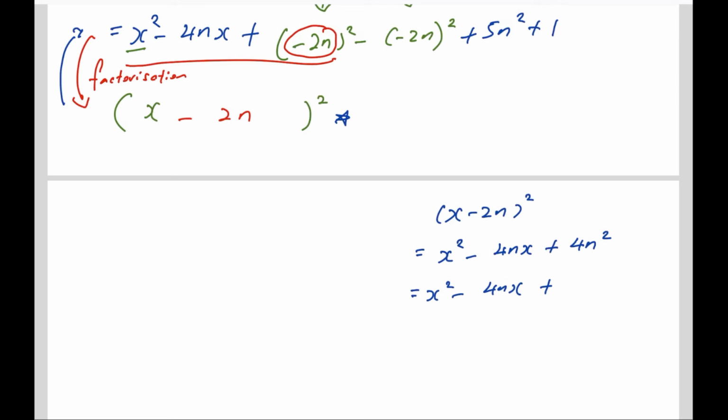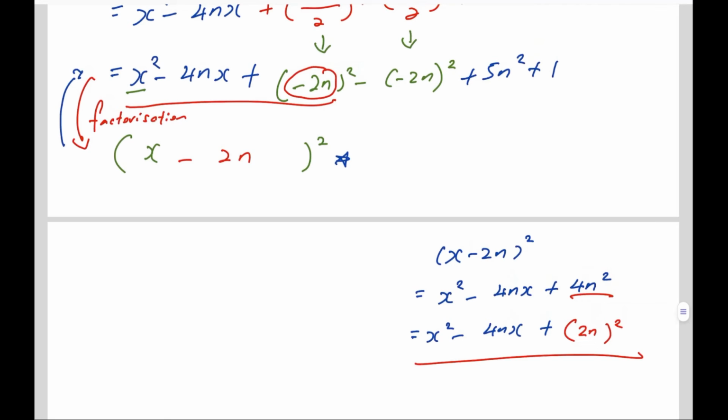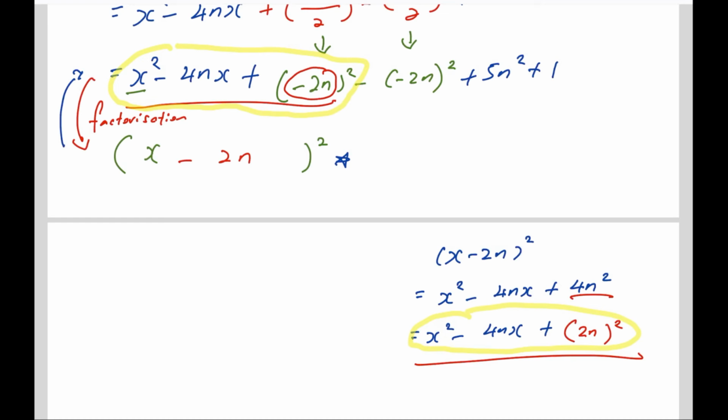I can choose to change this one to bracket 2n bracket squared, and then compare this to these parts. Is it very similar? The only difference is we have a negative here and here without a negative. Is it the same? Let's check.